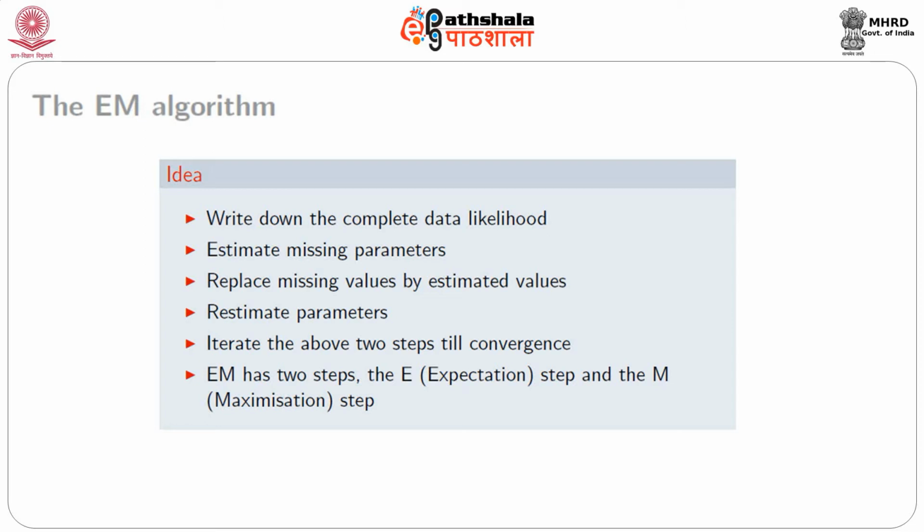So, basically EM is an iterative method and the iteration goes on until convergence. The EM algorithm consists of two letters, the E and the M, and this stands for the E step and the M step. The E step is the expectation step and the M step is the maximization step.